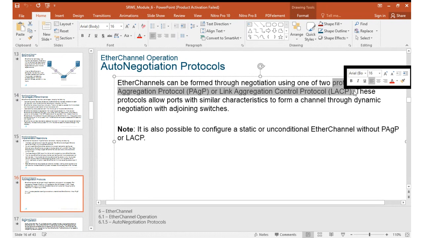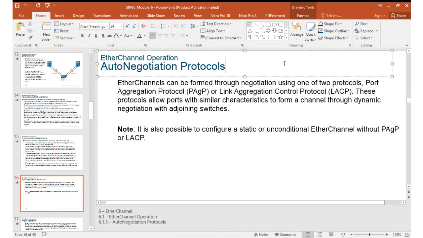Now these two protocols, you'll choose which one to use. We'll configure EtherChannels dynamically. In this dynamic configuration, what we are avoiding is trying to enforce the implementation requirements manually.